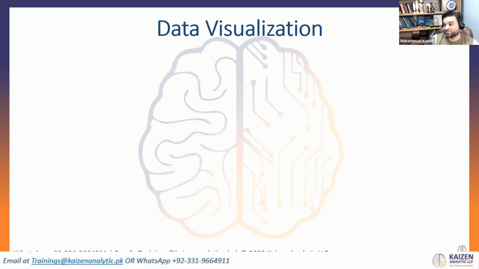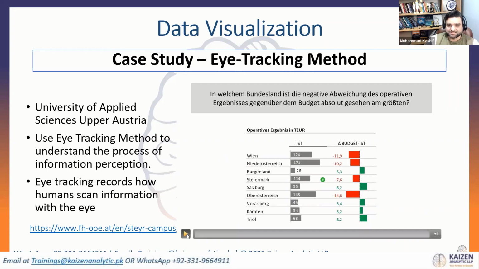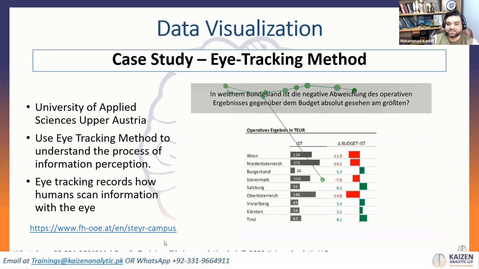I'm not sure whether you have heard about the eye tracking method, but this method was used by universities. I've given one example over here: University of Applied Sciences, Upper Austria. And if I just play this video, you can see once a participant is shown a visual, how their eyes are tracking the information, right?